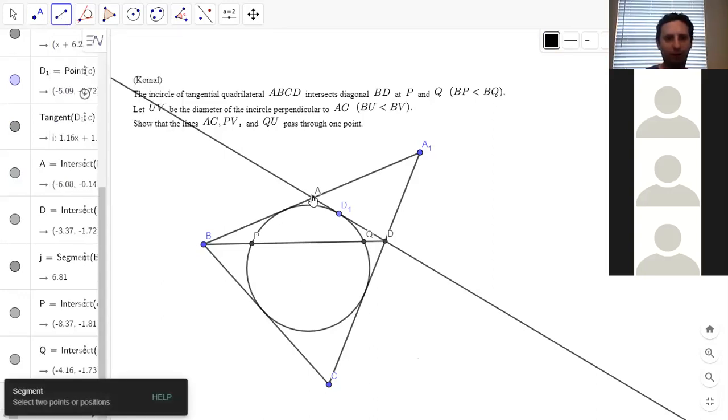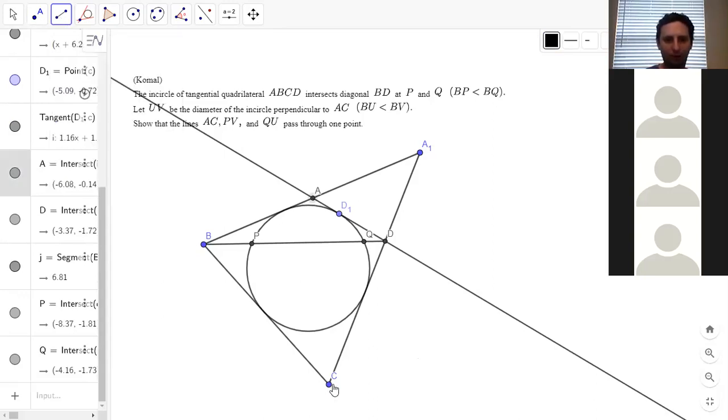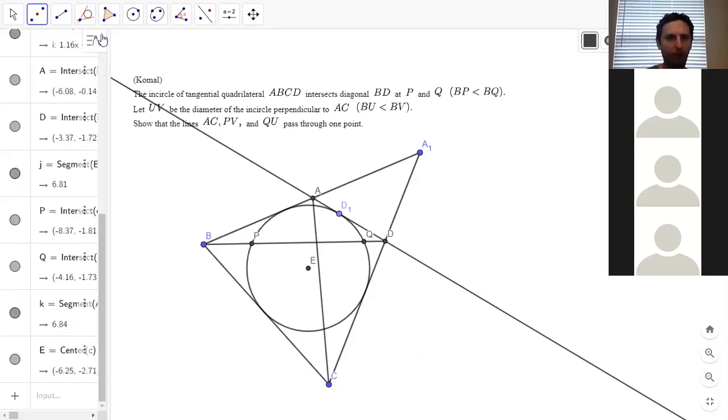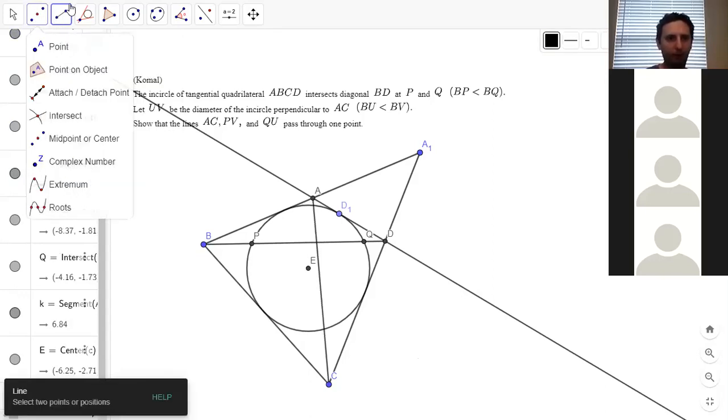This is interesting. This problem feels kind of familiar, to be honest.